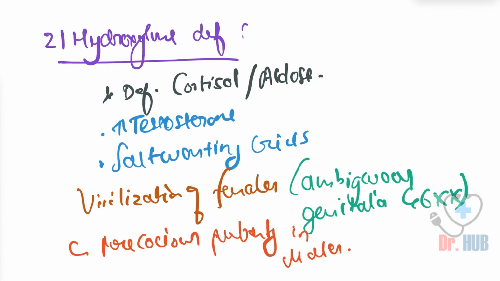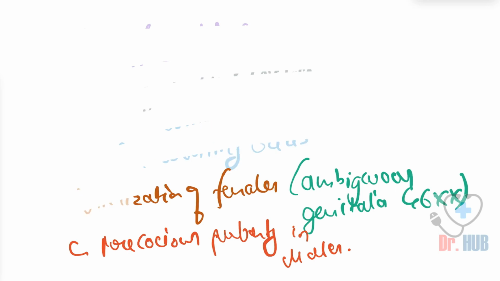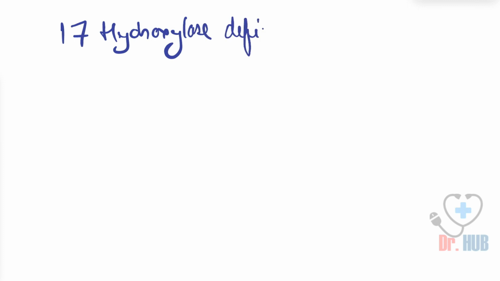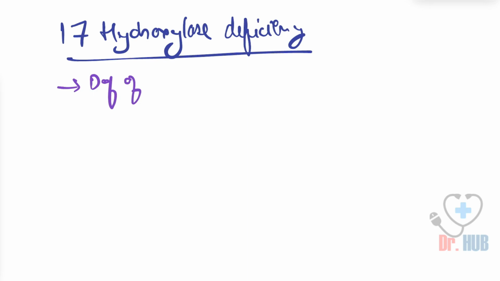So then we move on to the 17 hydroxylase deficiency. So under the 17 hydroxylase deficiency, it is nothing but the deficiency of the cortisol and also the sex hormones.